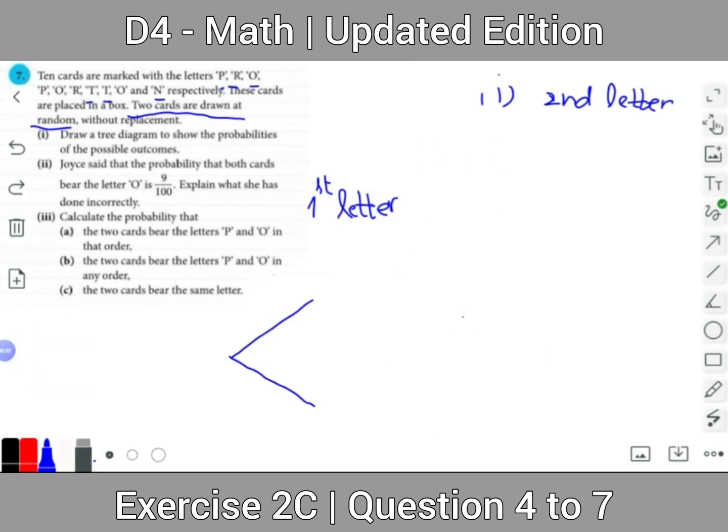Now for letters O and T, it has further 6 possibilities in the case of the second letter.